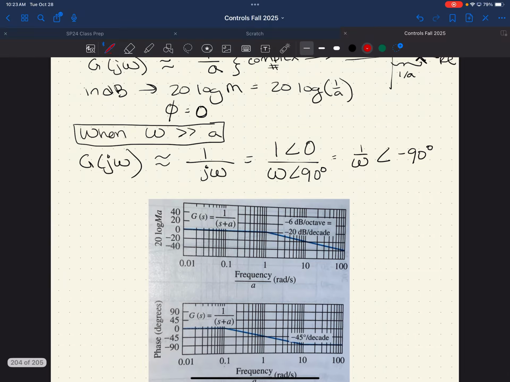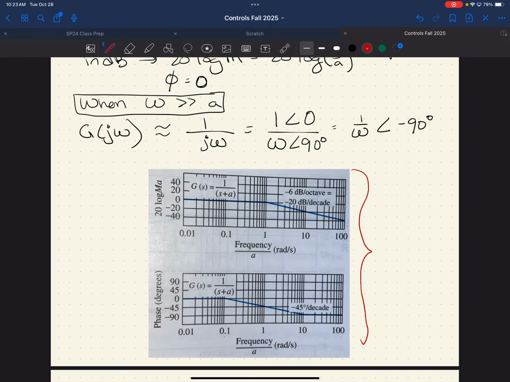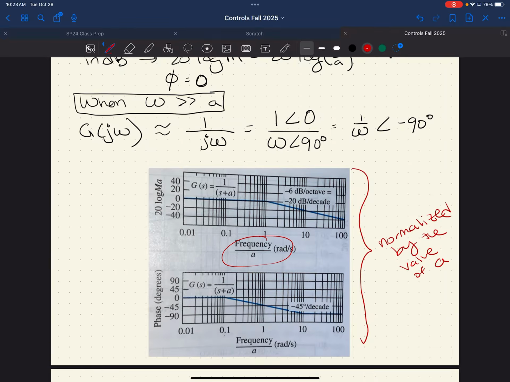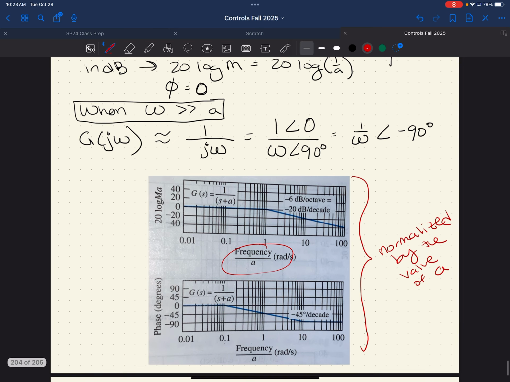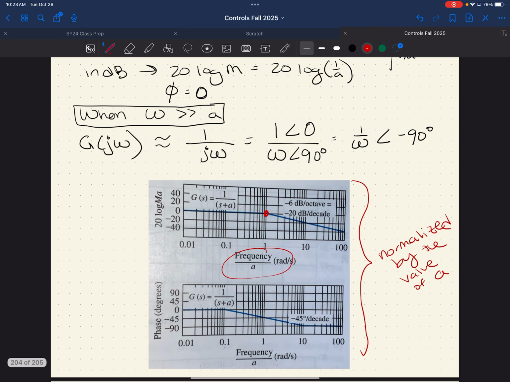Actually, keep in mind that these plots are normalized by the value of a, of the pole. So instead of just frequency over here, we have frequency over a. So in the prior graph, I looked for the point a. a was my break frequency, but on this graph, because it's normalized, it's 1. So this is my break frequency.